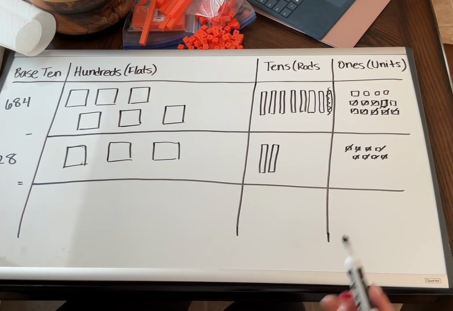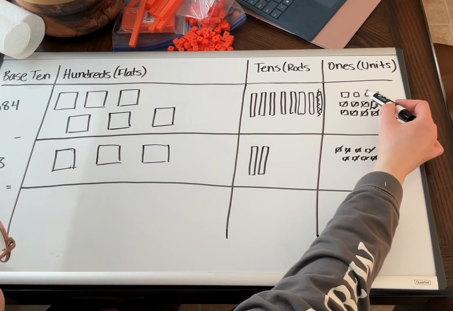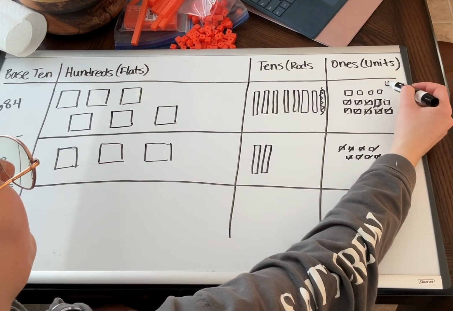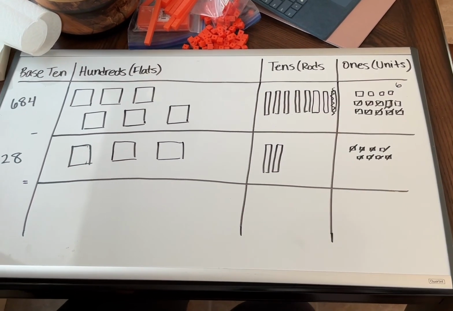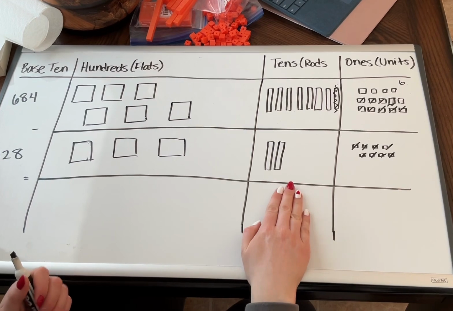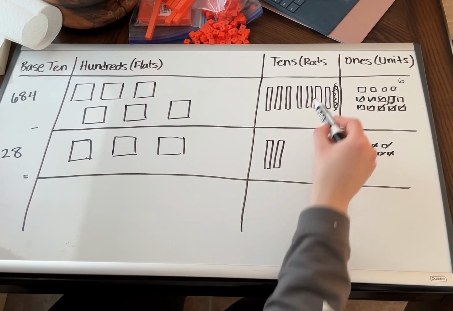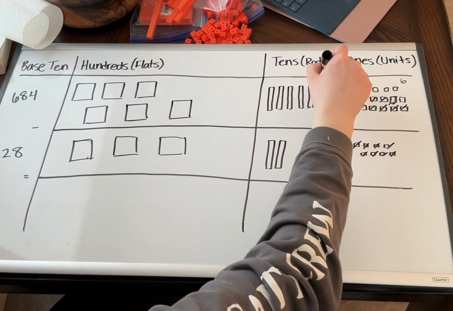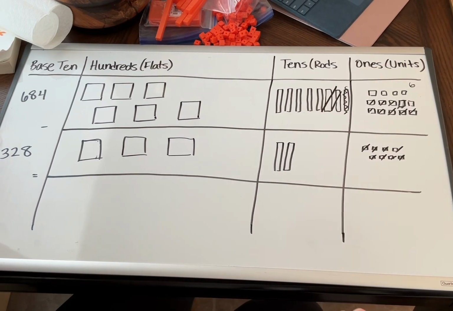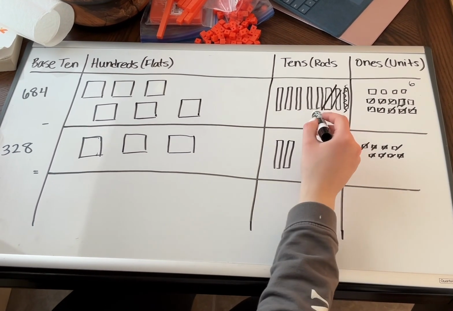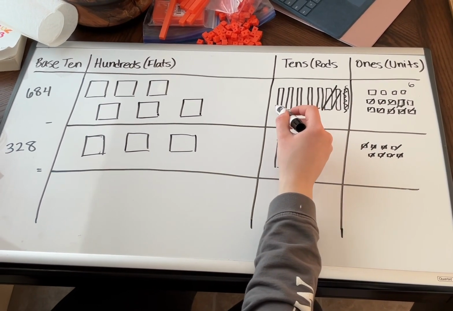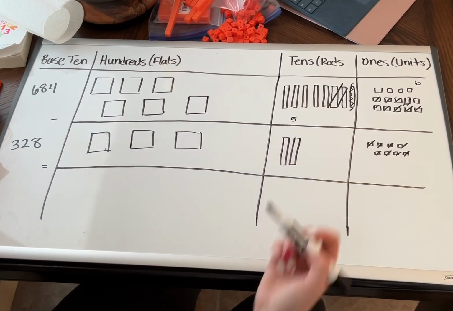All right, so now we're left with 1, 2, 3, 4, 5, 6 ones in this category, and then we're going to take away our tens. I have 2 here, so I'm going to be taking away 2 from our larger number. That leaves us with 1, 2, 3, 4, 5 tens.